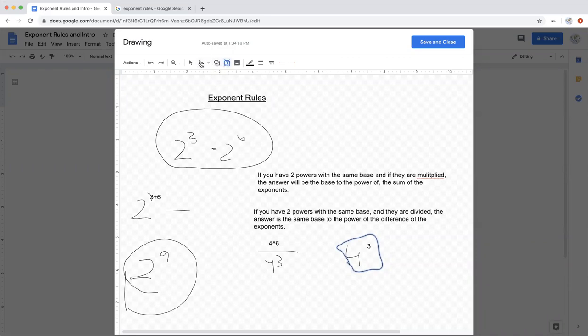So let me write down an exponent. 4 to the power of 6 in parentheses to the power of 2. What would this be equal to?